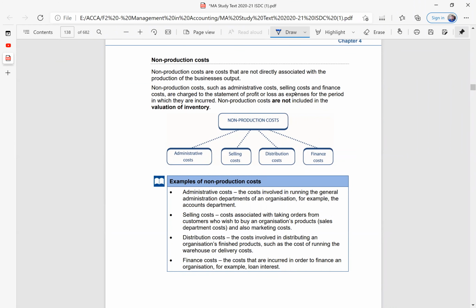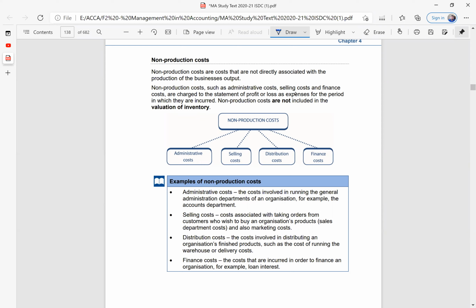What are these? I told you that admin is working in the office. So they are getting salaries out of it, right? This is non-production cost, because this is not directly related to production. Similarly, your supervisor is not producing the product. Therefore, his salary is going to be non-production cost.